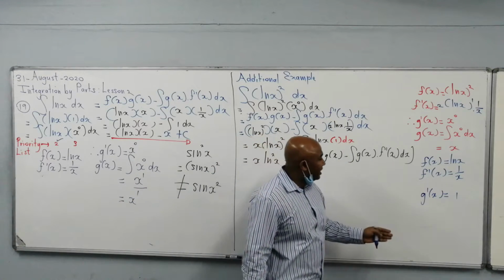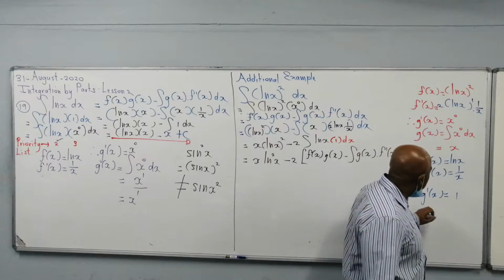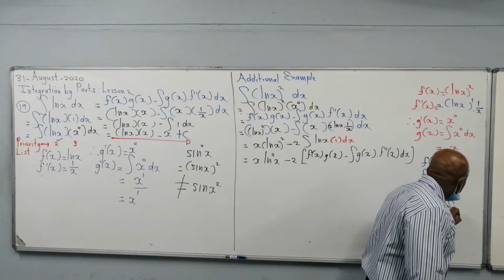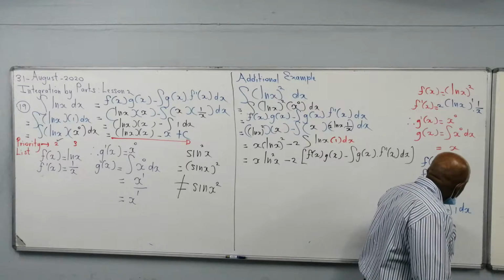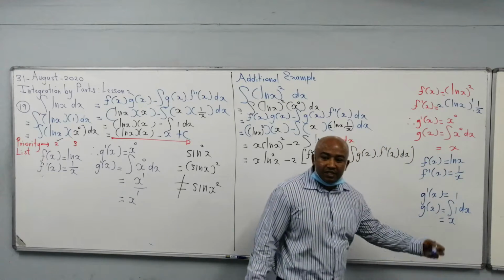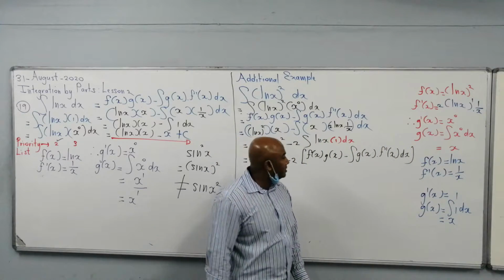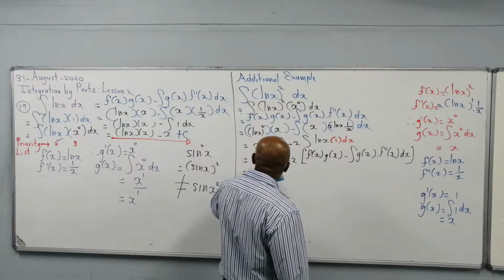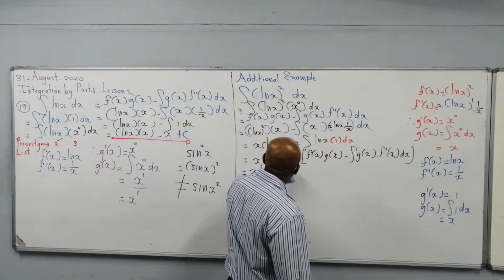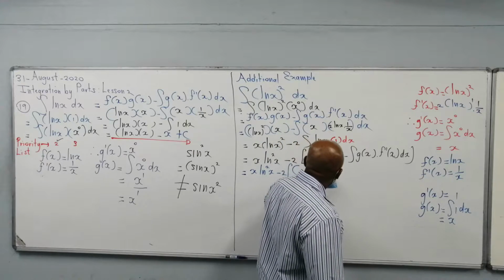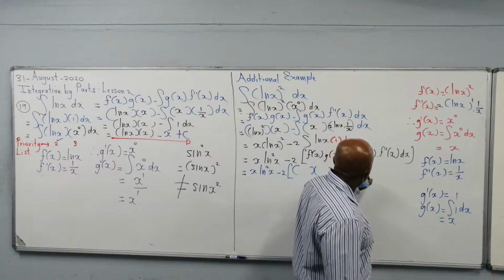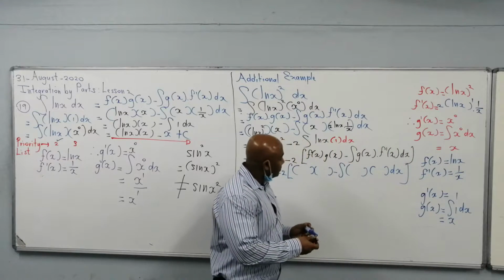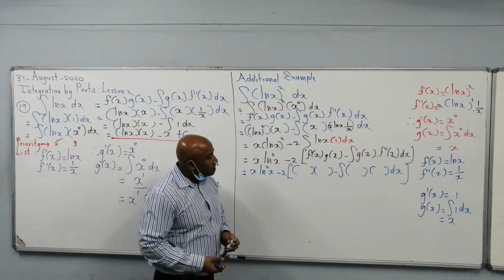Alright, I'm integrating ln x. G prime x is 1, so g of x, I need to integrate 1. When I integrate 1 with respect to x, it's just x then. So now let's do the substitution. So that's x ln squared x minus 2, I do the substitution.